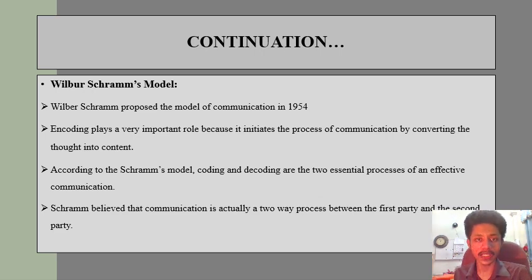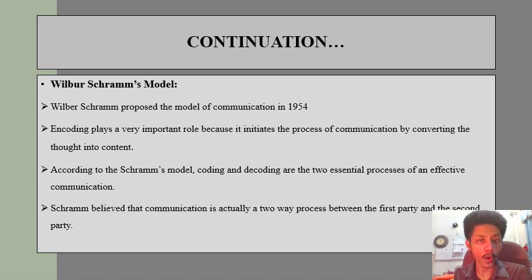Unless the second party is able to decode what the sender wants to communicate, the message is actually of no use. Thus, encoding and decoding are the two most important factors of effective communication, without which information can never flow between two individuals. Schramm's model also revolves around this principle.